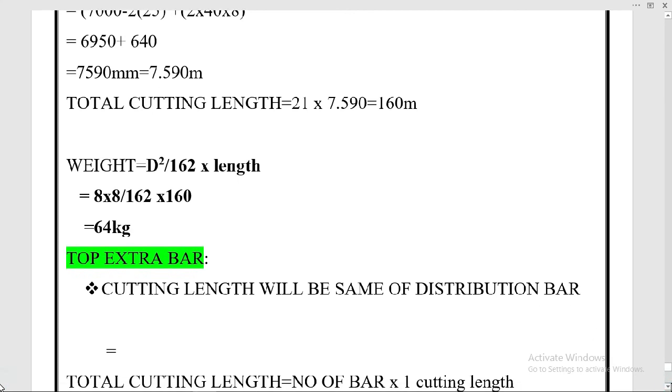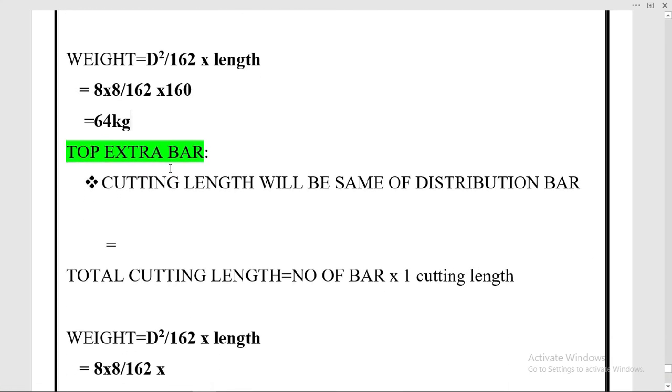So here I want to show you that the top extra bar cutting length will be the same as the distribution bar, because top extra bars are also provided along the longer span, and the distribution bars are also provided along the longer span. But here we only have 12 top extra bars, so we will multiply 12 with the cutting length of the distribution bar.